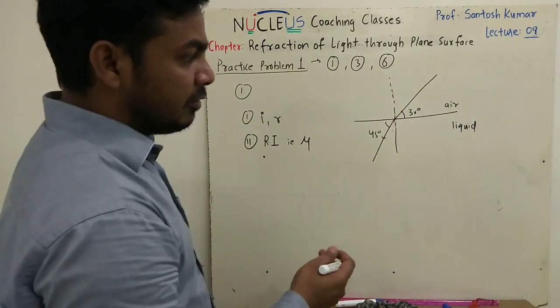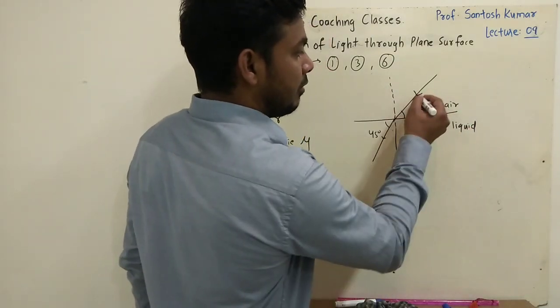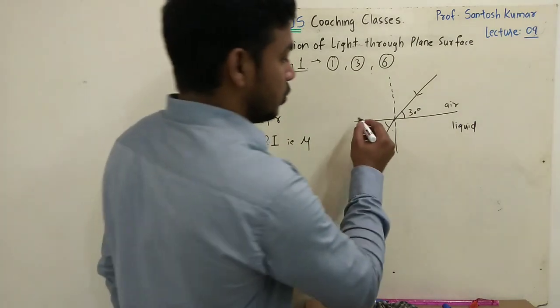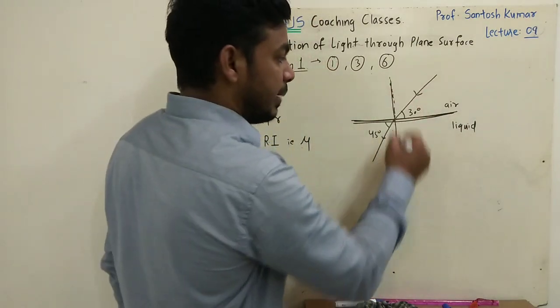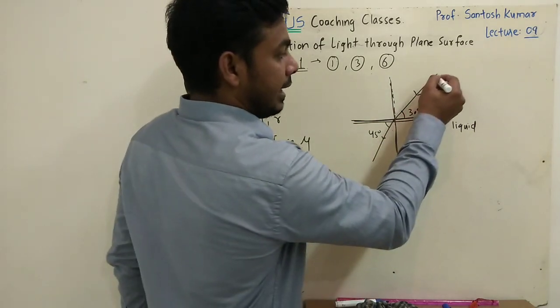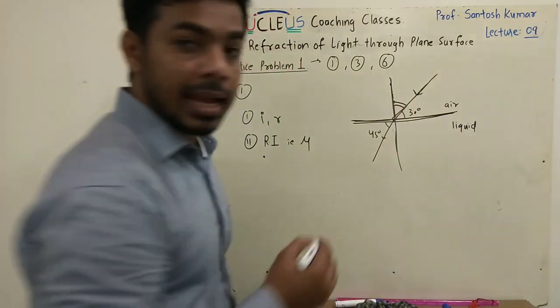From the figure itself you can say that this is air, this is liquid, light is traveling from air to liquid. So this surface behaves as the interface, this being the normal. The angle made by incident ray with respect to normal is called angle of incidence.